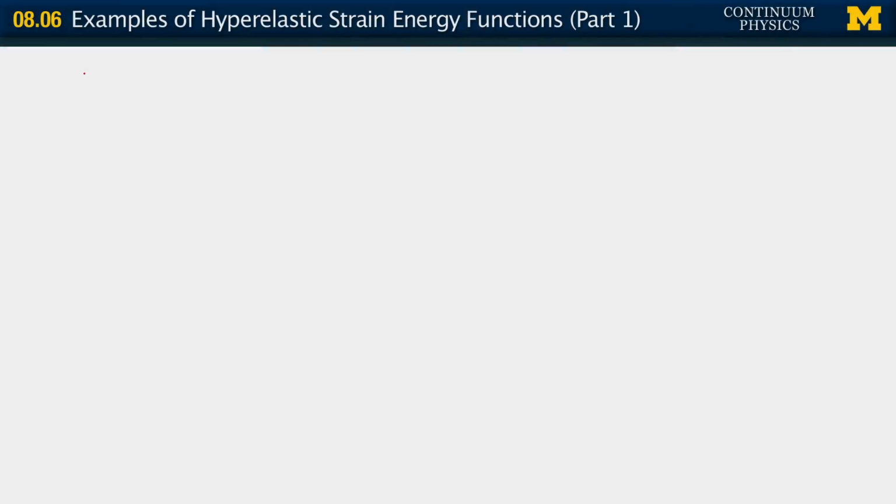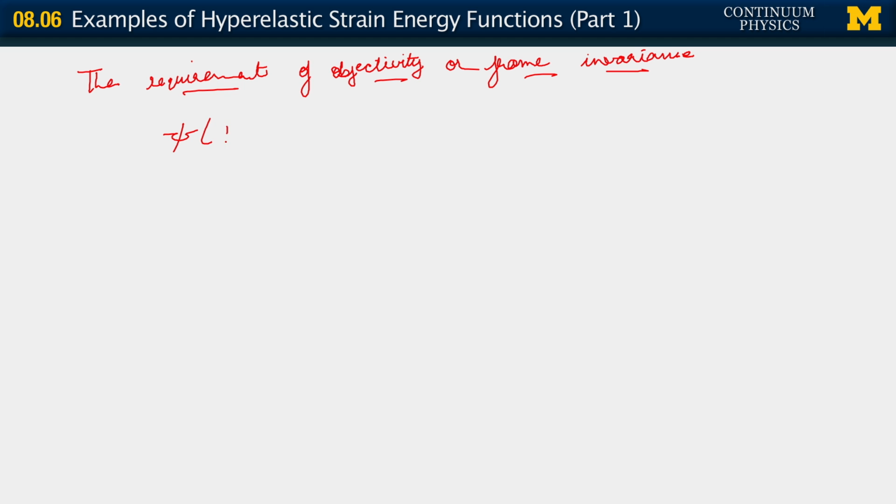And at the end of the last segment, we concluded that the requirement of objectivity or frame invariance implies that psi, the strain energy function, which we think of as a function of F, can only be written as a function of F through U, the stretch tensor, or equivalently, once we have that, we have the others, right? The other tensors which are also obtained from U.